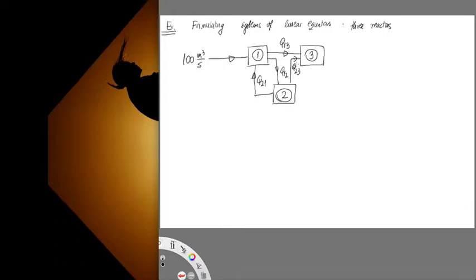And in 3, my problem is such, I'm not going into details, but I have to flow another fluid in there, 20 meter cube per second of it. And whatever is coming into this reactor number 3 from 1, 2, and outside is reacting and then flowing out, and this I call Q33.